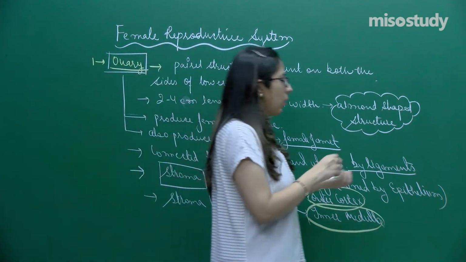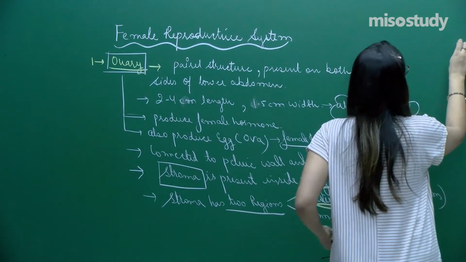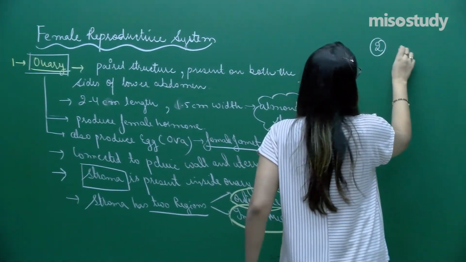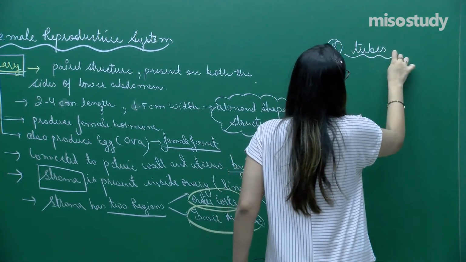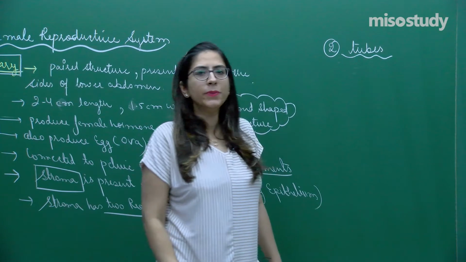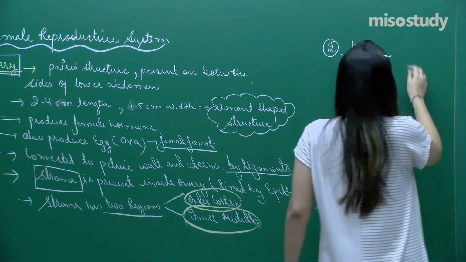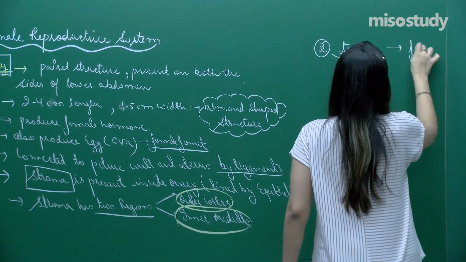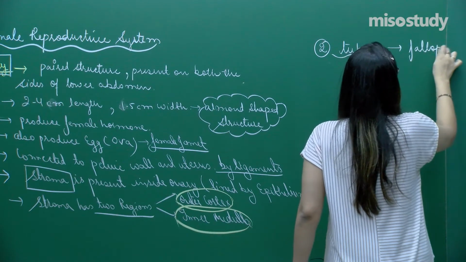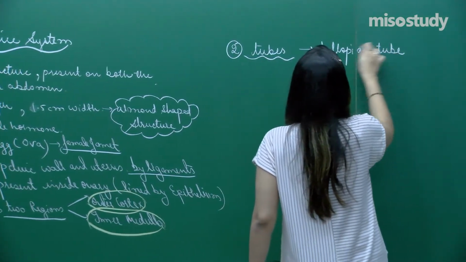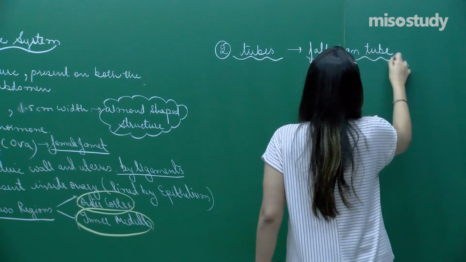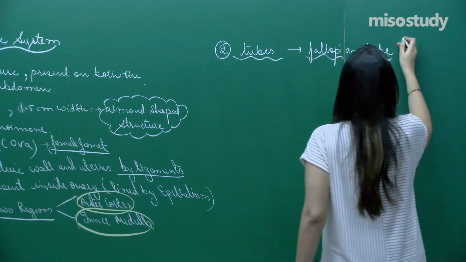Now let's talk about the second, which is called tubes. In this, you must have heard of the fallopian tube. They are also called fallopian tube.